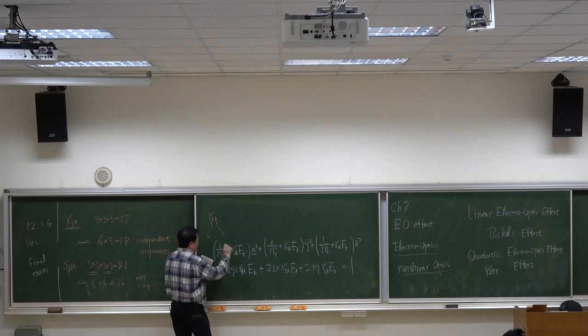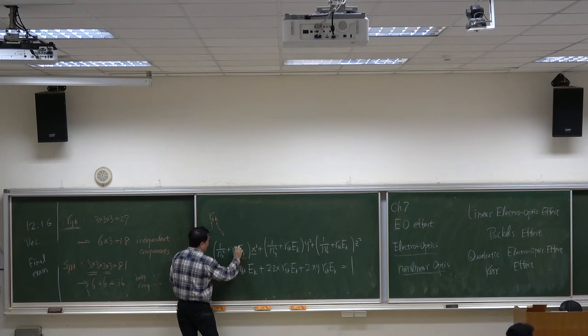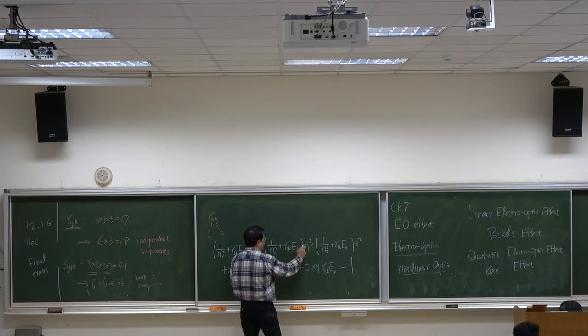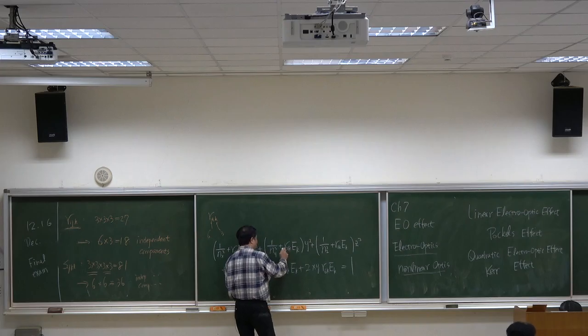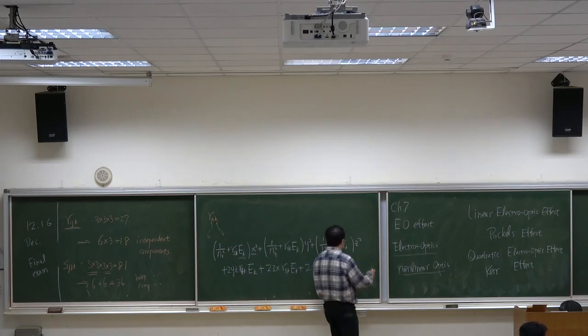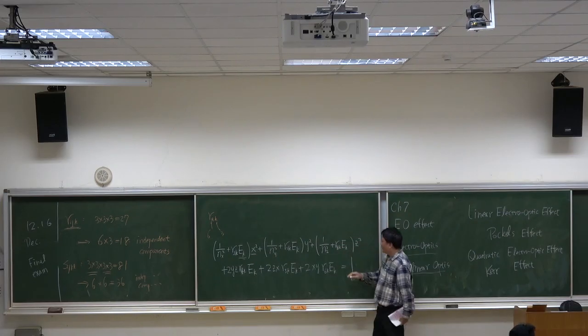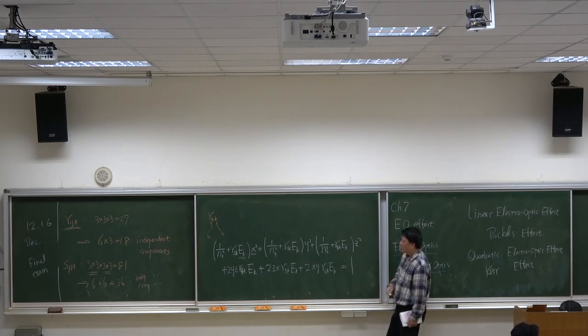And for the linear EO effect, we have a sum over k, so we have R1k Ek. And 2 means y. So here we have y squared, and here we also have the summation of R2k times Ek. And 3 means z, and sum over k R3k Ek.